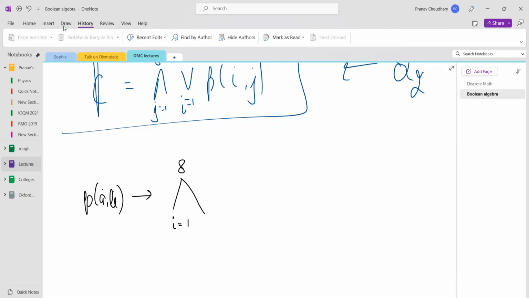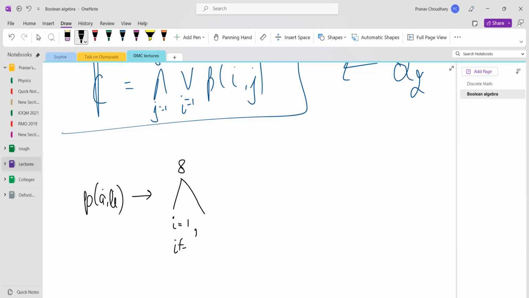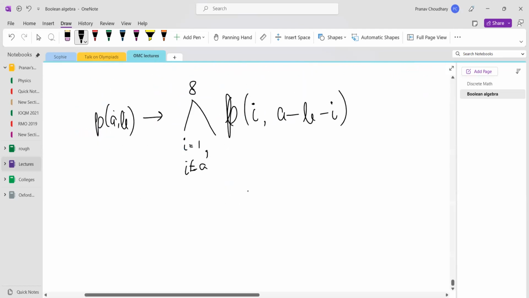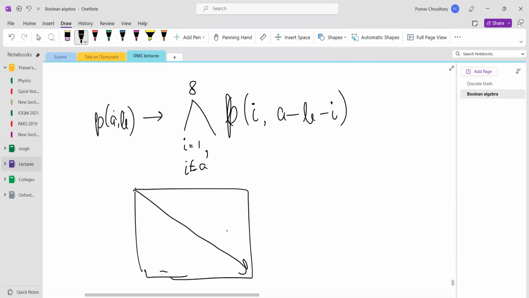Yeah, okay. We need not write this. Listen, I'll just quickly write this and then I'll explain it. i not equal to a, b, i, comma, a minus b minus i. So the thing is, we're talking about diagonals of this format.